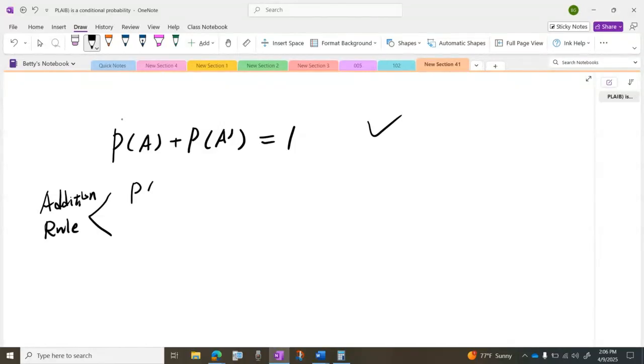We use the addition rule to find the probability of A or B. When we need to find the probability of A or B, we determine if the 2 events are disjoint or not.